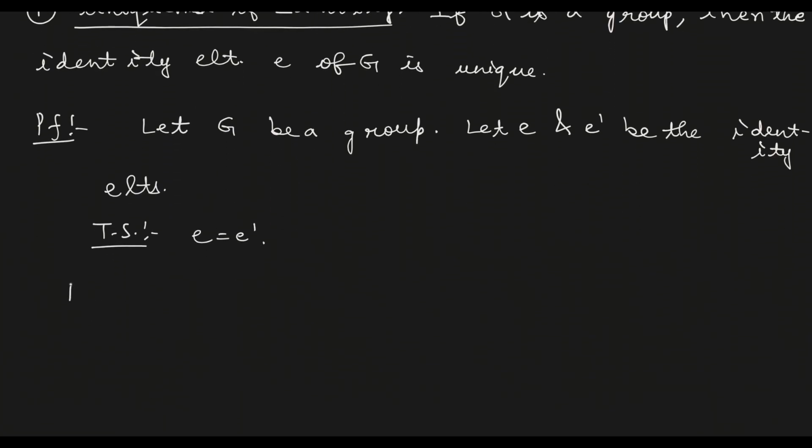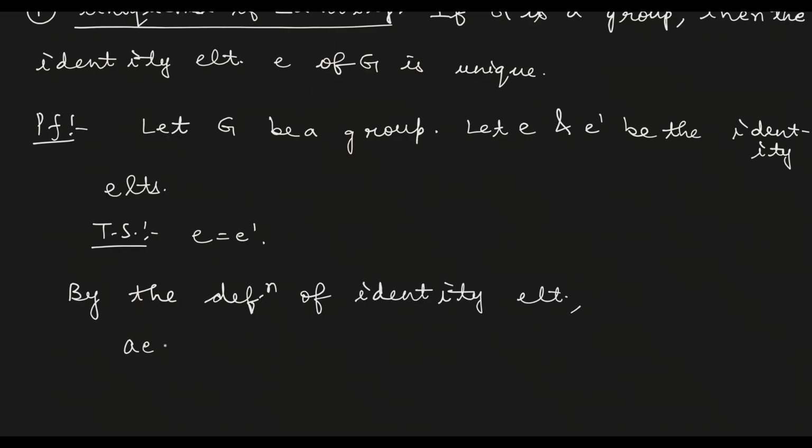Now, by the definition of identity element, ae is equal to ea is equal to a for all a belongs to G, and ae dash is equal to e dash a equal to a for all a belongs to G.